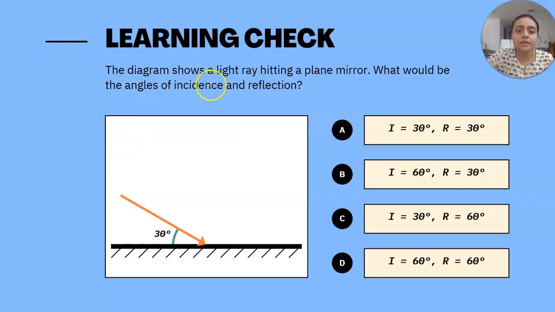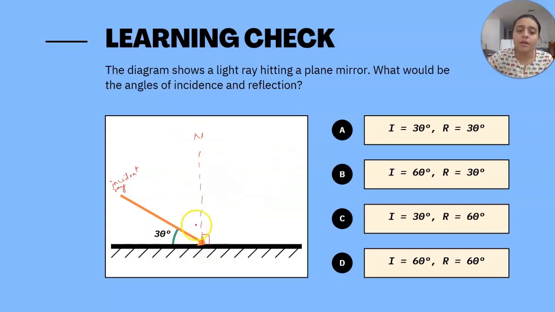All right. This is one of the questions you might see in your questionnaire: a diagram shows a light ray hitting a plane mirror. What would be the angles of incidence and reflection? We already know this orange line is our incident ray. We also know there is the normal, on this principal axis, which is always perpendicular.